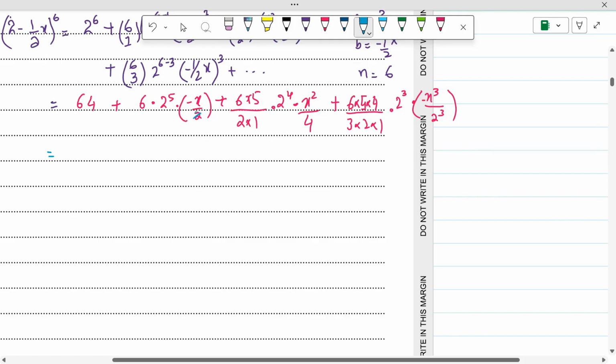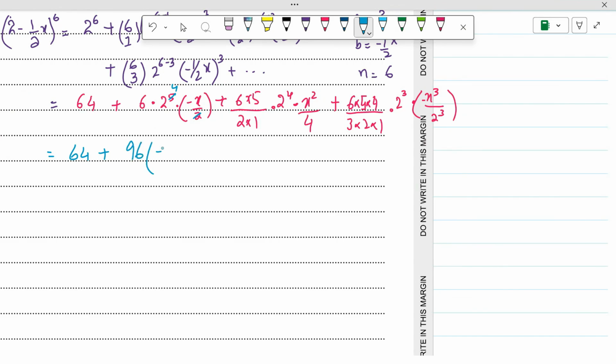So this will equal 64 plus 6 times 2 to the power of 4 is 96 times negative x. And this one equals 3 and this one equals 2. So we will have 15 times 4, which is 60 x square, plus, this will be cancelled out and this cube will be cancelled out, and we will have 20 times negative x cube.